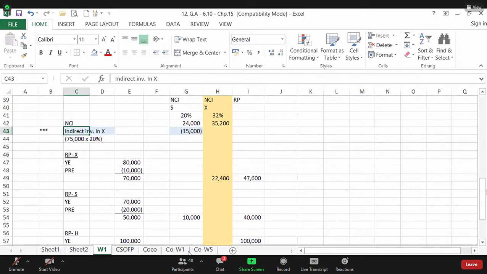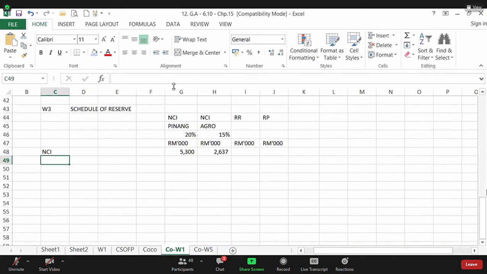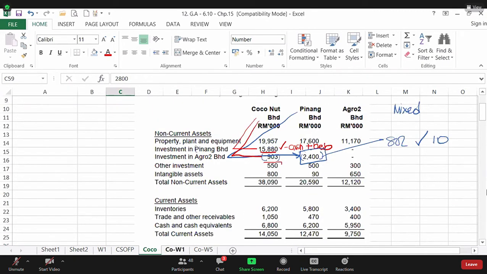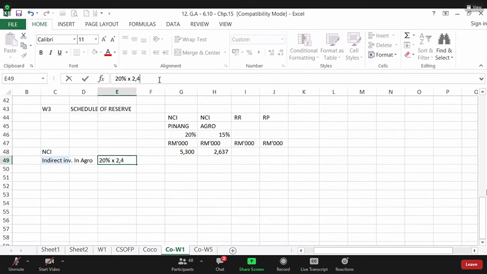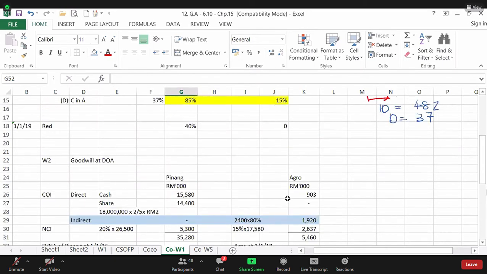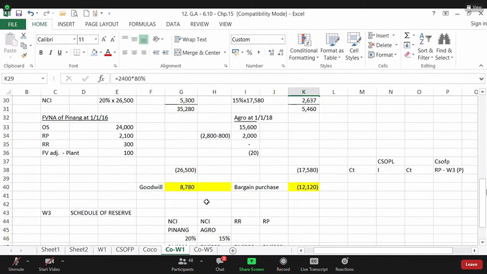Indirect investment in Agro, 20% times the amount of investment shown in our adjustment in the books, 2, 4. So this one I eliminate in the NCI column of P9. So you get 4, 8. Okay, so indirect 80% you plus, and indirectly it's not controlled by the holding. So we have to eliminate.